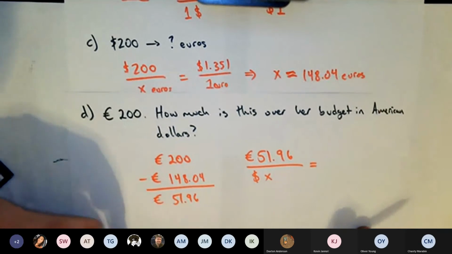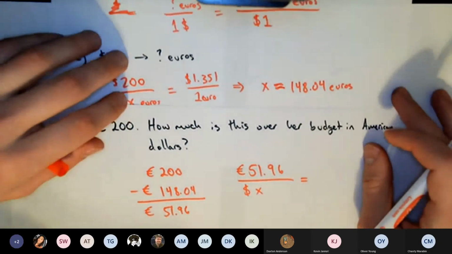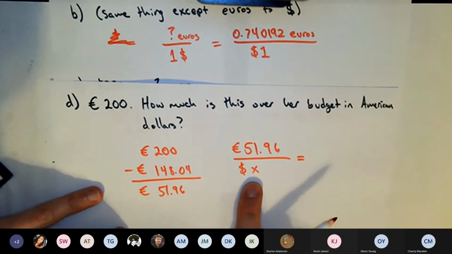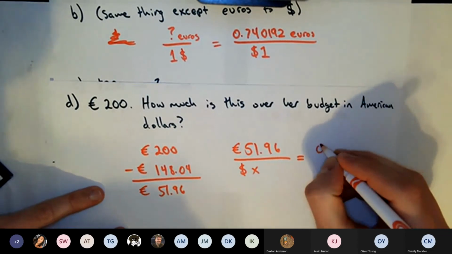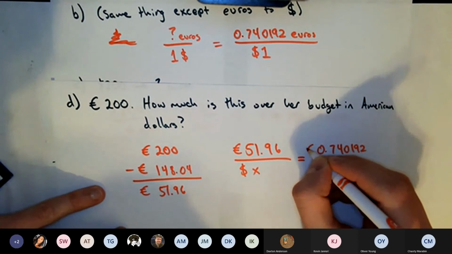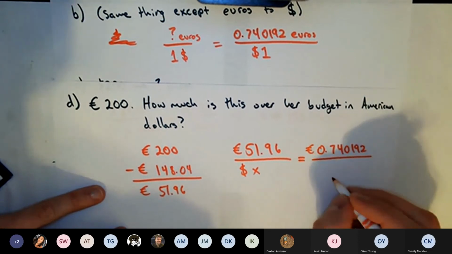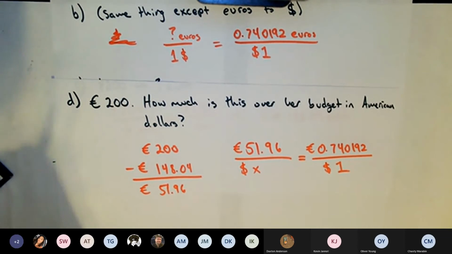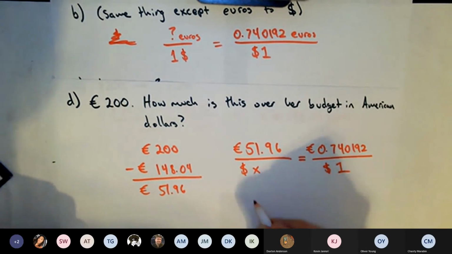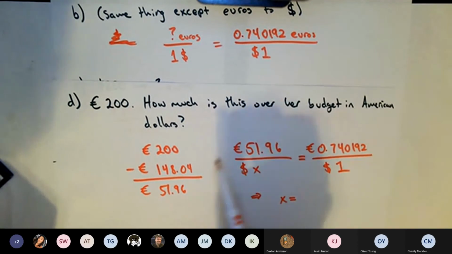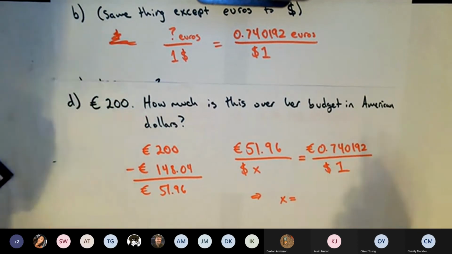We'll set up a proportion here with some unknown number of dollars, and the way we've set it up, we would want to use, and I'll start using this symbol instead of the word euros now that I know what it is, this proportion. I'll just say X equals, cross multiplying, lots of calculator work here.